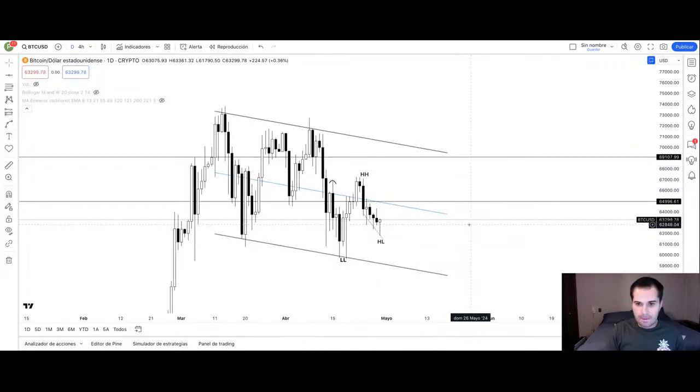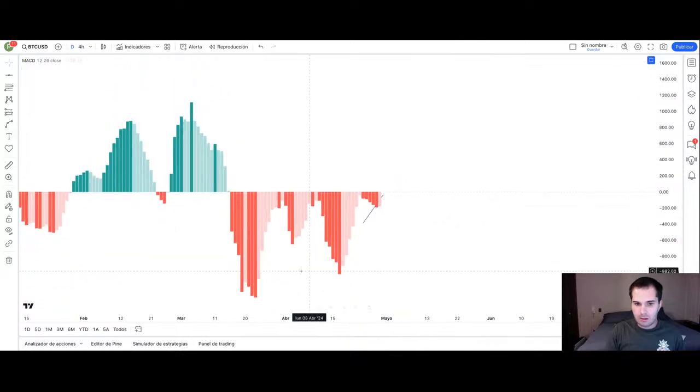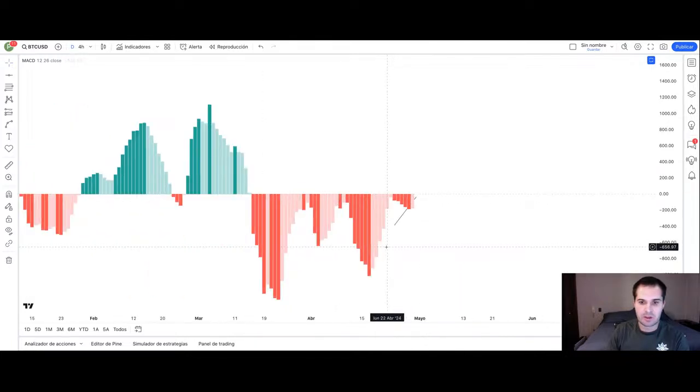So we have had almost, I would say, a month and a half of negative momentum on the daily time frame MACD histogram, severe drought, and we're starting to maybe paint the first light red negative momentum.